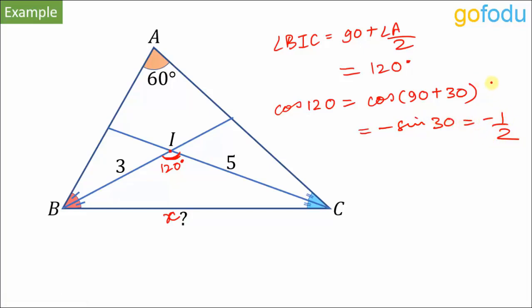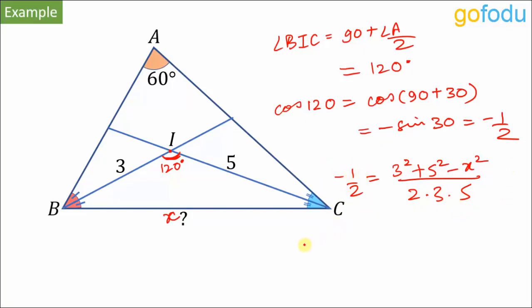I need you to go through the trigonometry videos in order to understand this. We have cos 120 as minus 1 by 2, which will be equal to 3 square plus 5 square minus x square upon 2 times 3 times 5. This is the cosine rule.